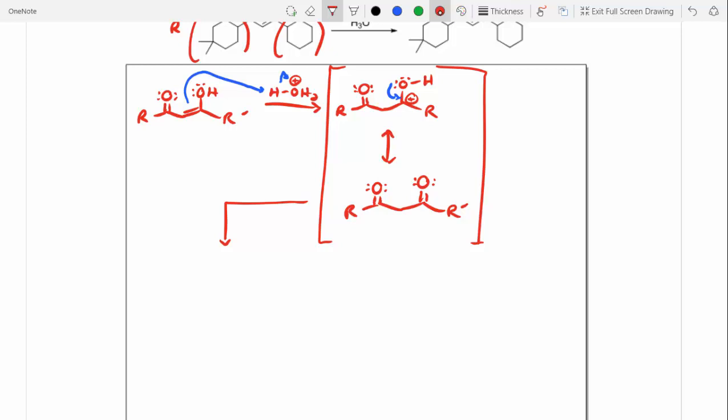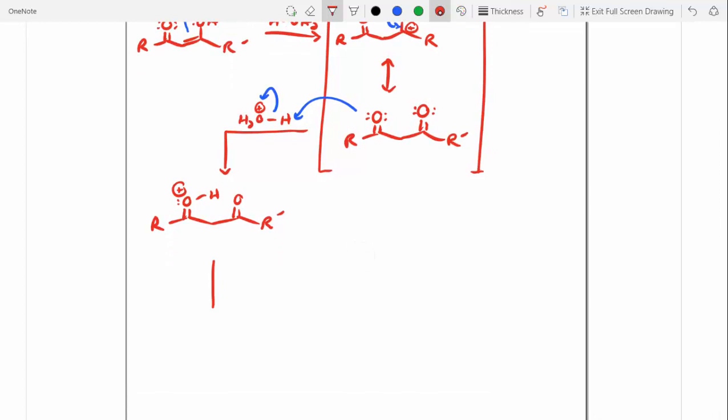The next step we're going to do is we're going to protonate our other side. So now this ketone will grab a proton. And again, we've got some resonance that we can take advantage of. So I'm going to draw a resonance structure for this, where we can take this pi bond and we can move it up.